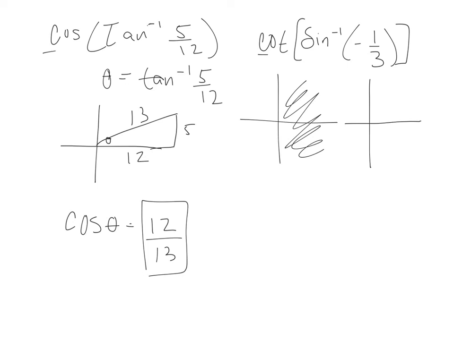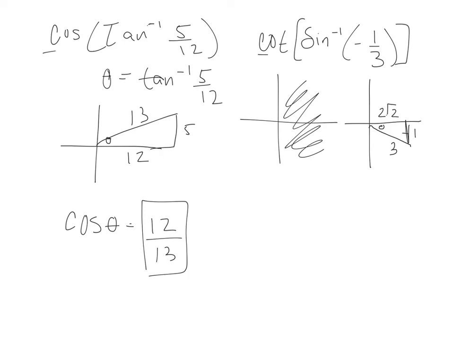So if this is theta, it would be 3 and 1. Because that's the only way that you can have a negative coordinate if the sine is negative. So then this part here would be 2√2. This is theta here, and this should be negative.